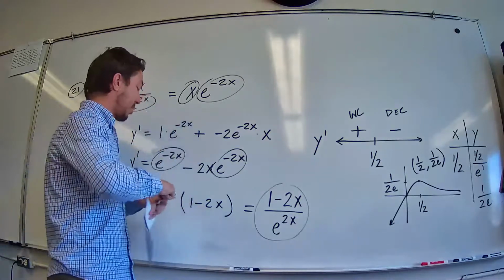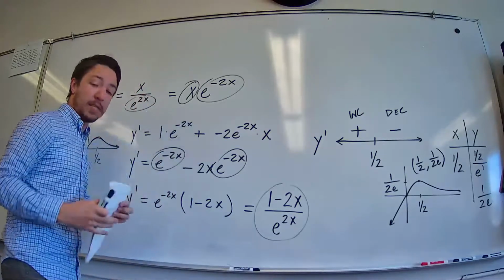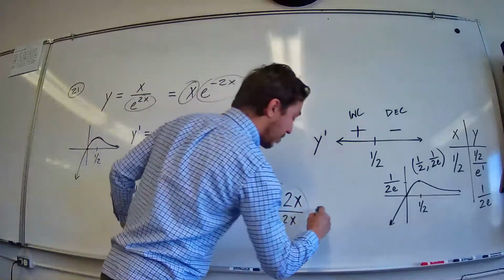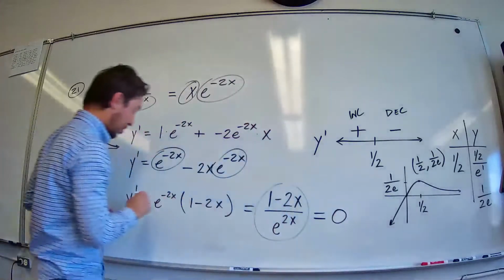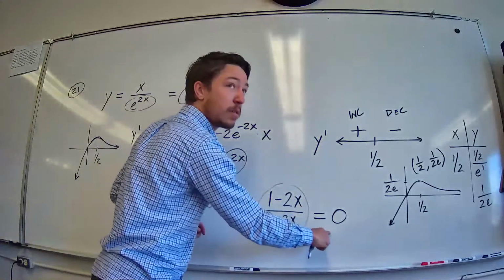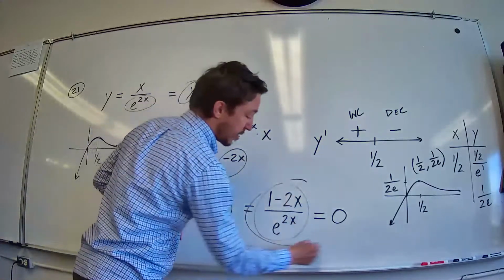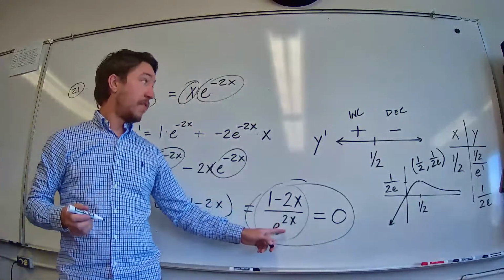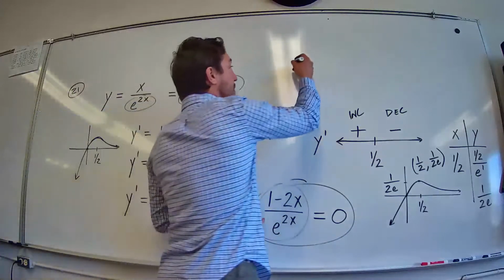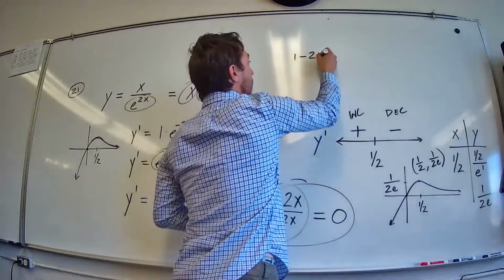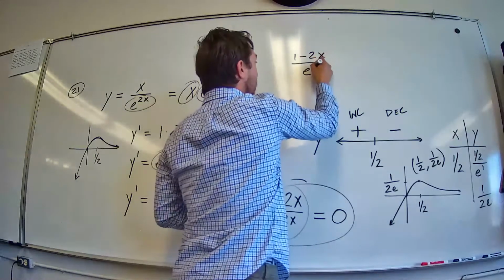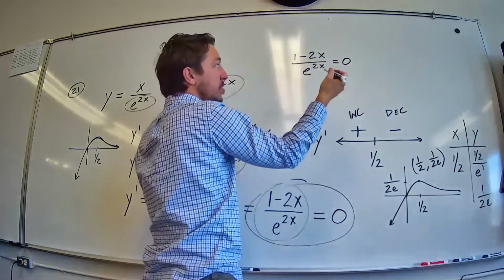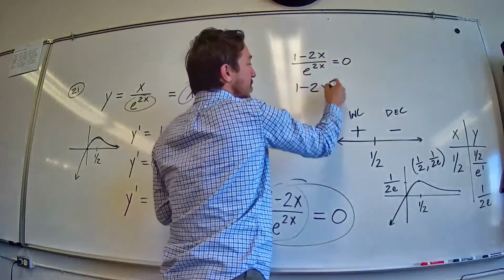So whenever you do this process, you always ask the question, when will the slope equal 0? So when you set that equal to 0, if you want to be really algebraic about it, and you say I'm solving this equation, your first step would be multiply both sides by e to the 2x, and that would leave you with this.